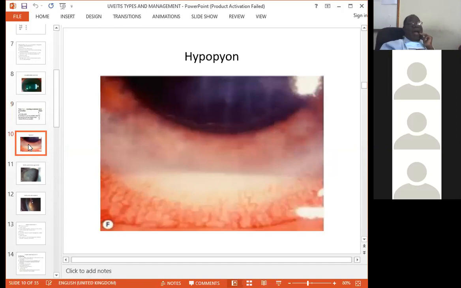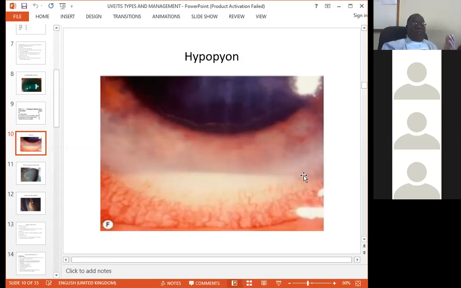And the hypopyon. This is the pupil margin. This is the ciliary iris. Okay, this is the iris.